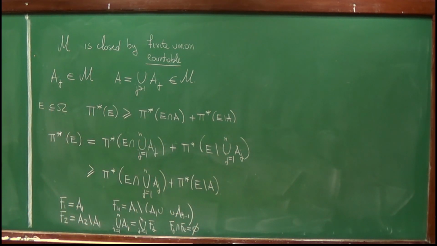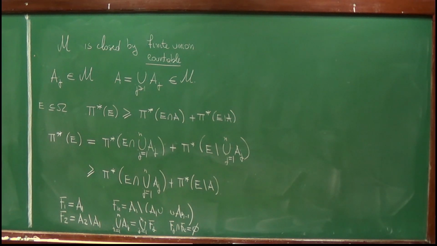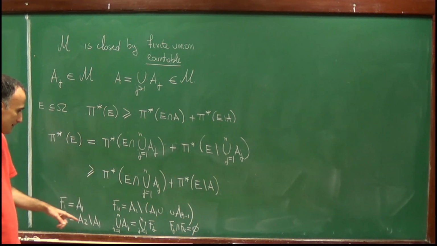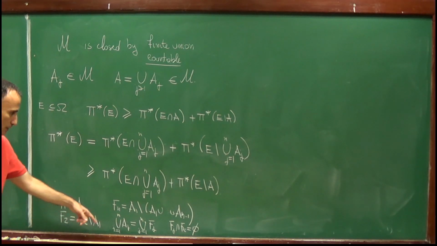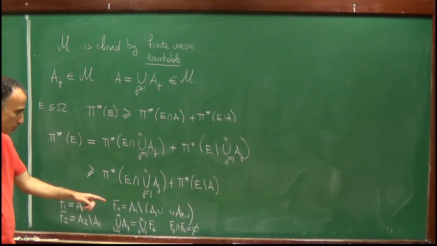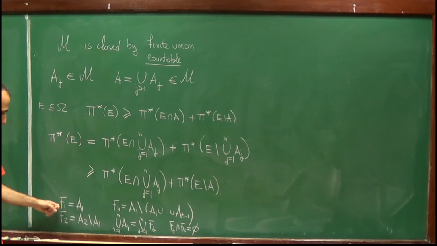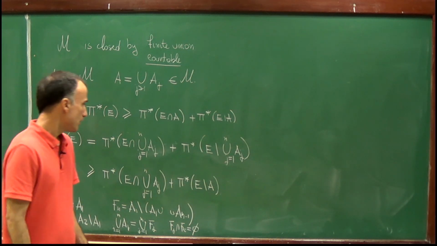So, we have a disjoint union of sets. And finally, it's also clear that Fj belongs to M because we have seen that the set M is closed by complement and closed by finite union, so it's also closed by differences. So since each of these sets A belong to M, these sets Fj also belong to M.